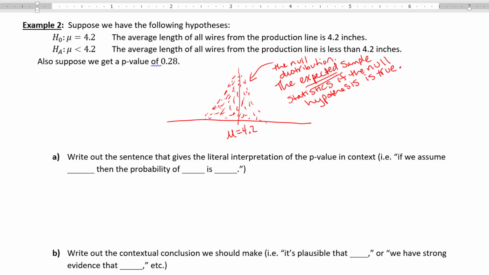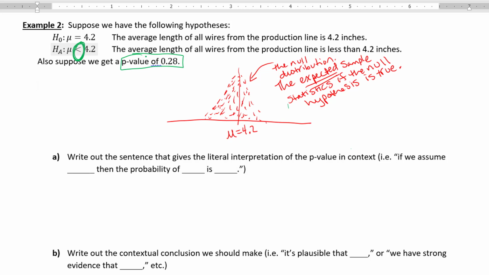Next, I'll note the alternative hypothesis is that mu is less than 4.2, and it gives us a p-value of 0.28. Remember, a p-value is calculated by assuming the null hypothesis is true and then finding the probability of getting a sample statistic like ours or more extreme.